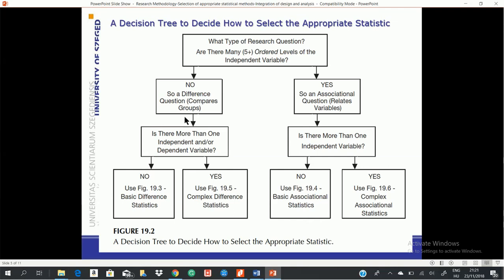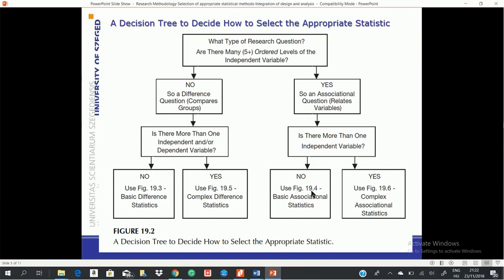Yeah, I have to help you understand the four figures in this chapter. Figure 19.3 is basic difference statistics. Figure 19.5 is complex difference statistics, more complex, like ANOVA, something like that.